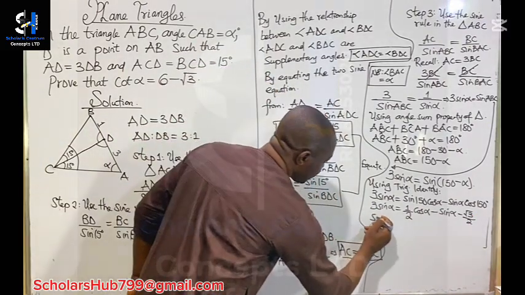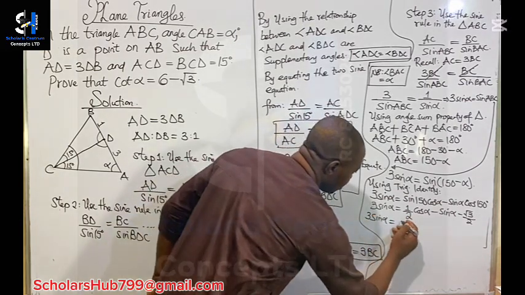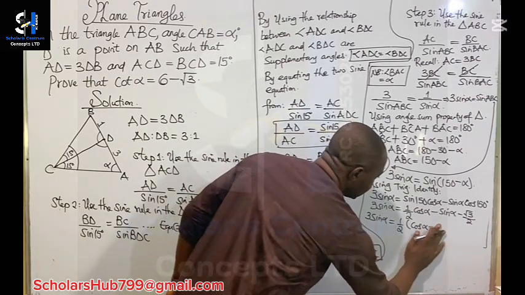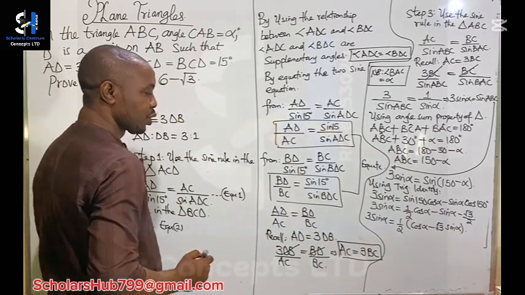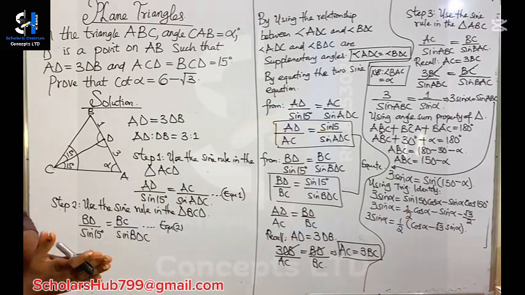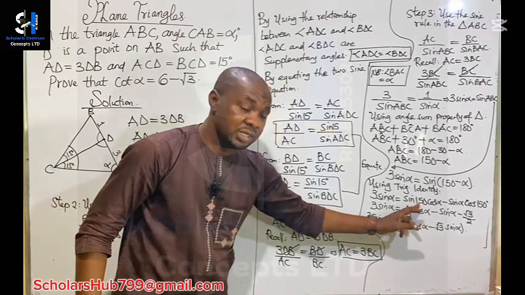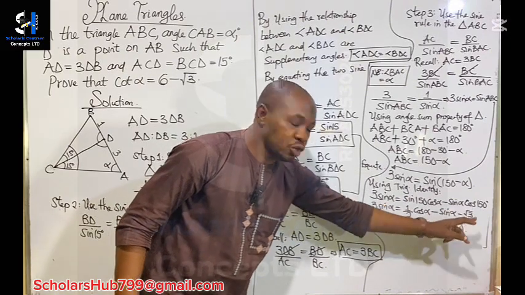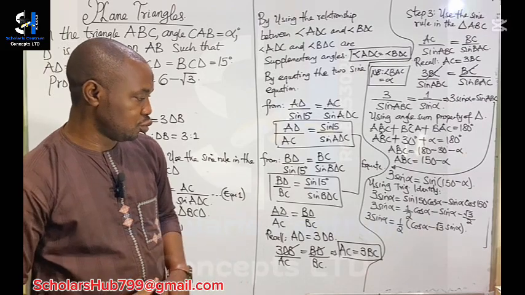So in this case, we have 3 sine alpha equals 1 over 2 brackets cos alpha plus root 3 sine alpha. From here we got 1 over 2 cos alpha, because sine 150 is 1/2. Then sine alpha times cos 150 degrees, that will be minus radical 3 over 2.